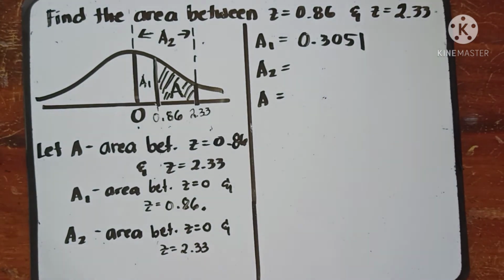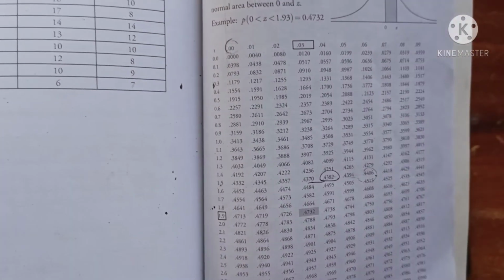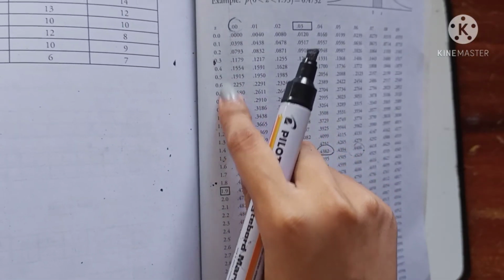So, yung A sub 2 naman natin ngayon, A sub 2 is area between Z is equal to 0 and Z is equal to 2.33. Ibig sabihin, hanapin lang po ulit sa Z table ano yung value ni 2.33. So, hanap lang tayo ulit. Hanapin sa first column si 2.3.